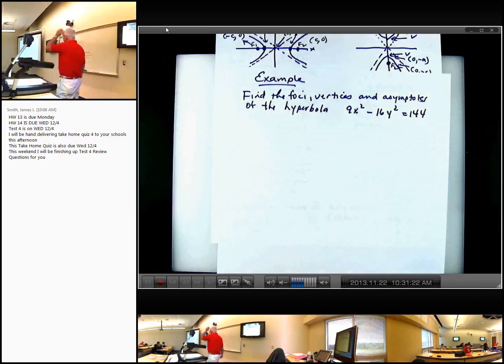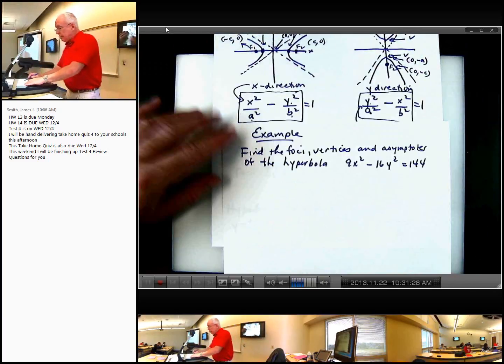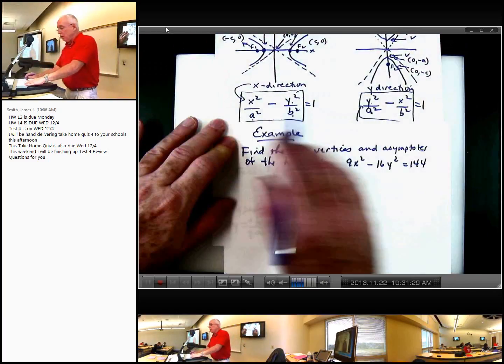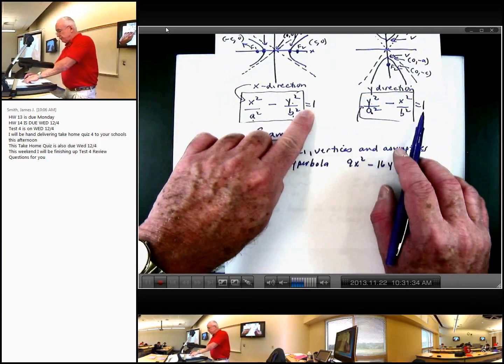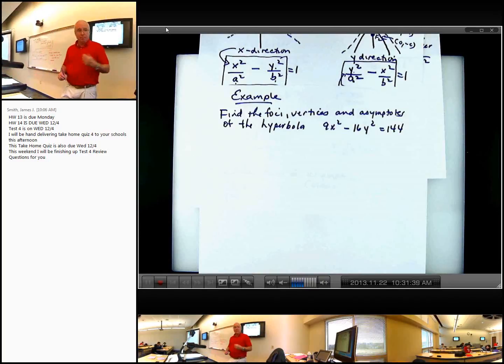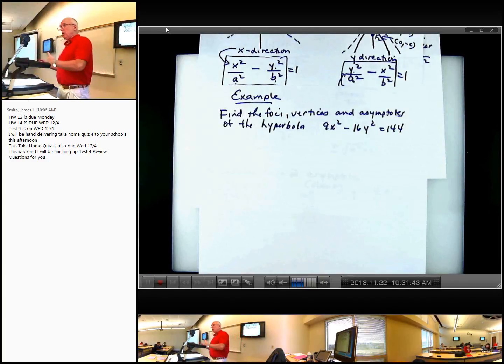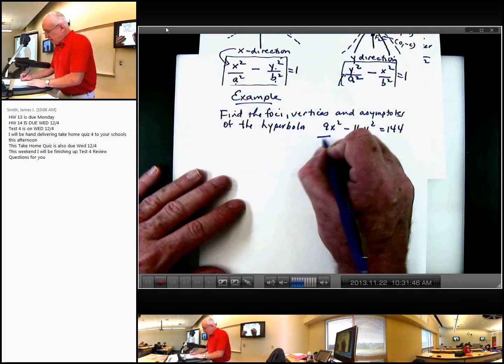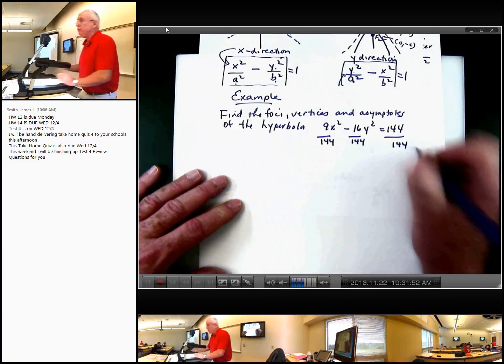Now, what we need to first do with this is to get it in the form like this or this here. So we want a 1 on one side of the equation. So what I have to do here is divide both sides by 144 so that I get that 1 all by itself on that right-hand side. So over 144, over 144, over 144.